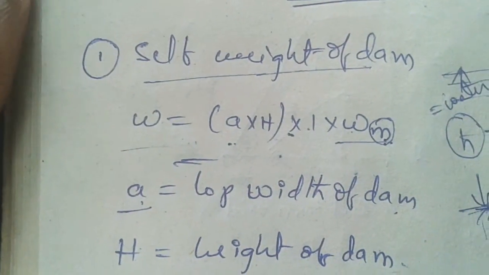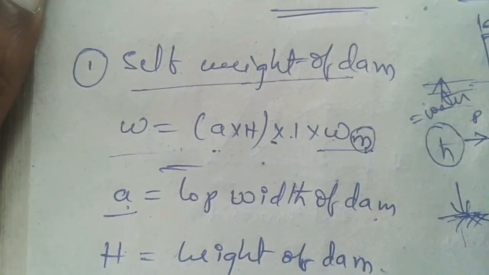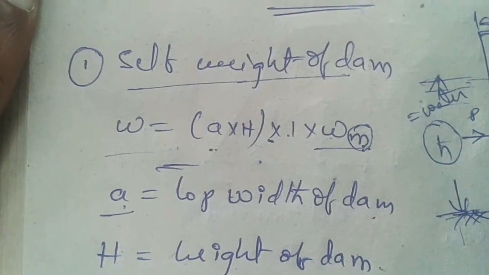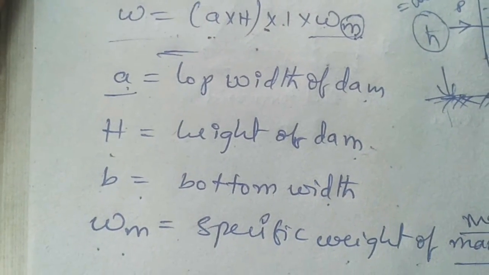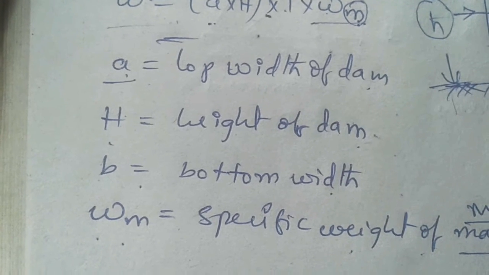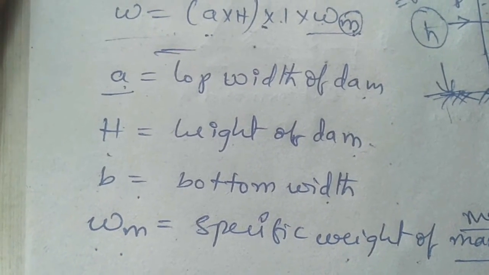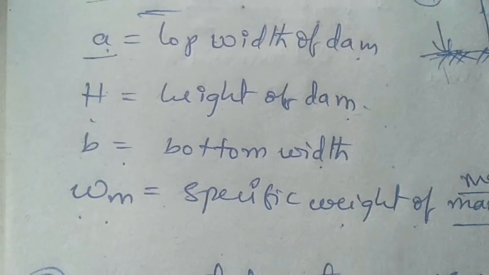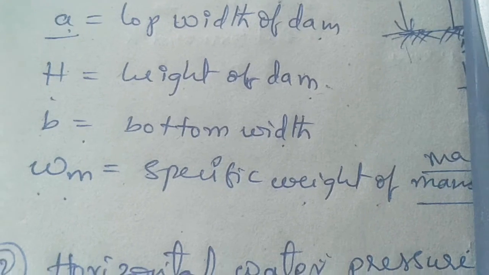The self weight of the dam for a rectangle section is W equals A into H into 1 into Wm, where A is the top width of the dam, H the height of the dam, B the bottom width, and Wm the specific weight of dam masonry.